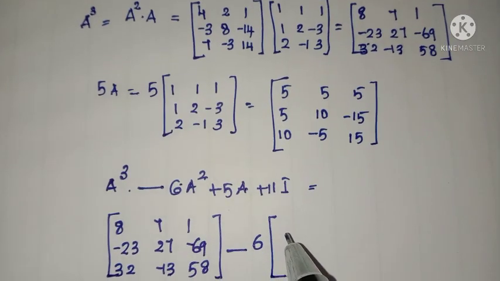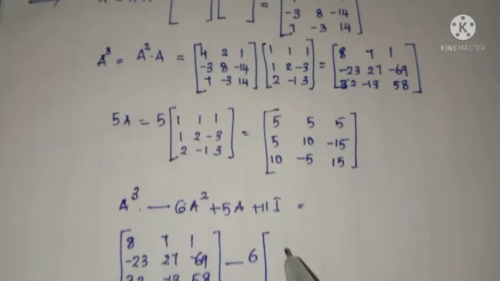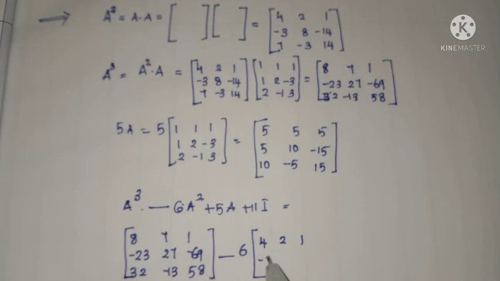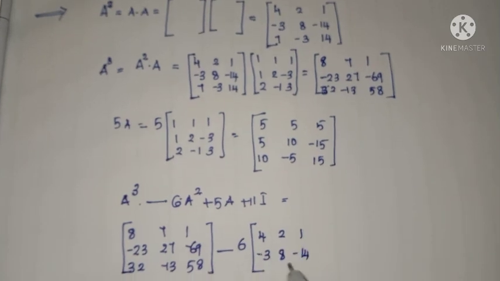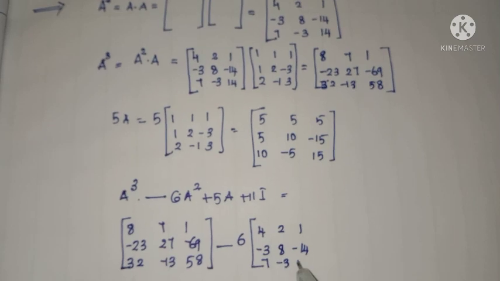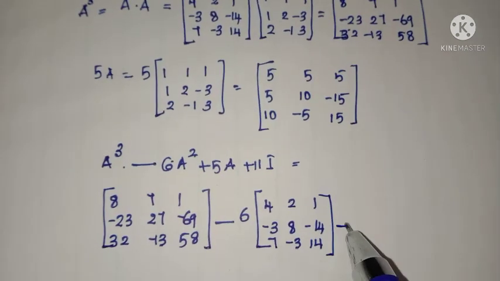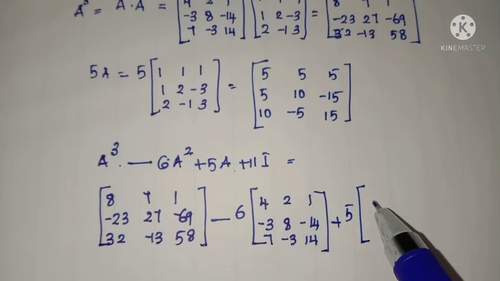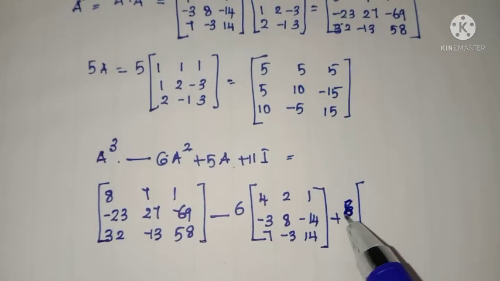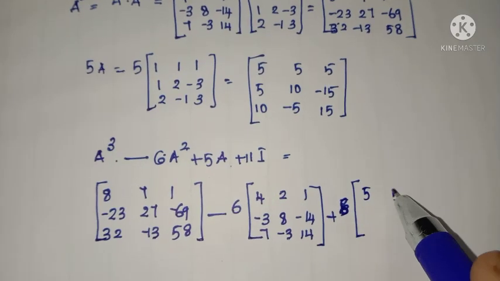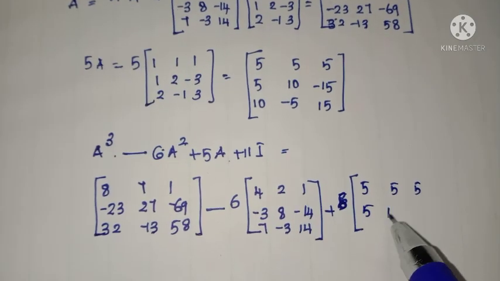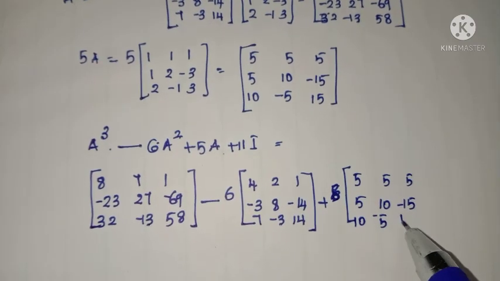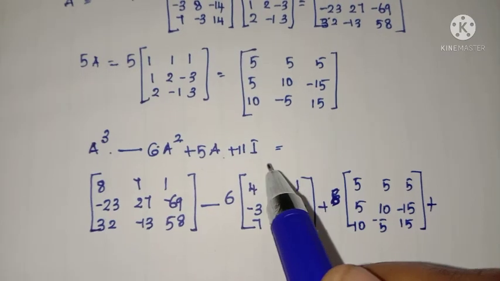A square is the matrix 4 2 1, minus 3 8 minus 14, 7 minus 3 14, plus 5A. 5 into the given matrix, already we found 5 5 5, 5 10 minus 15, 10 minus 5 15, plus 11I.